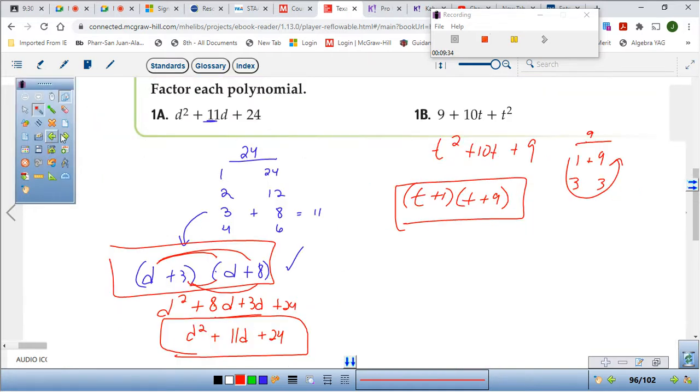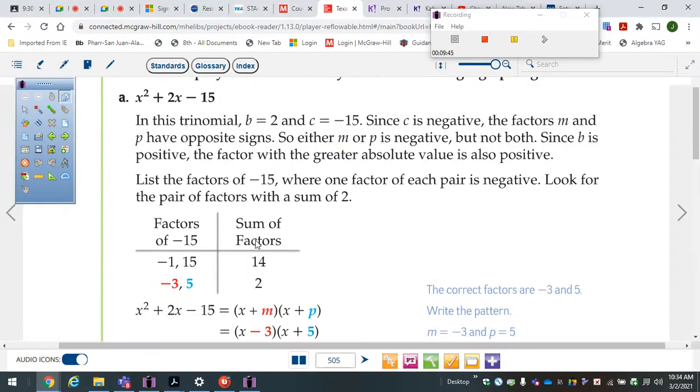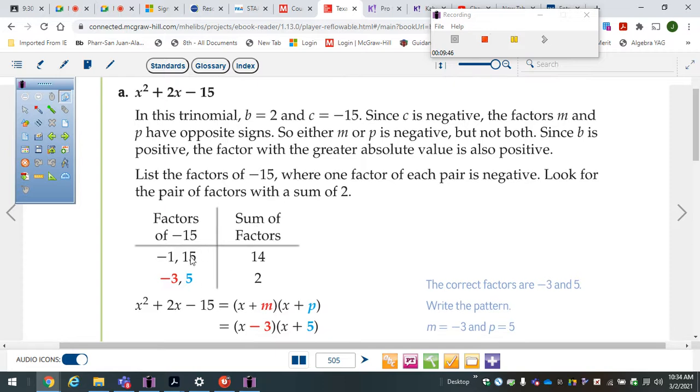See, bigger side. So assign the right side the sign of the middle one. If it's positive, this side gets positive. If it's negative, this side gets negative.